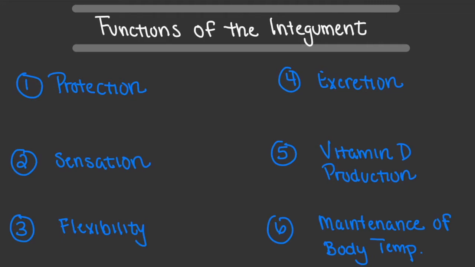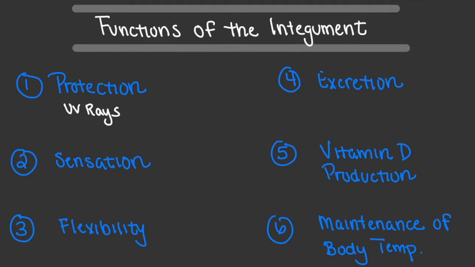And so we have to ask the question, well, what specifically does the integumentary system protect us from? So if we create a list, the first thing that we would note is that it protects us from UV rays. And specifically, when we talk about UV rays, we're referring to the sun.